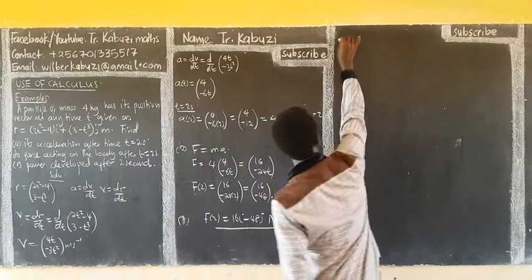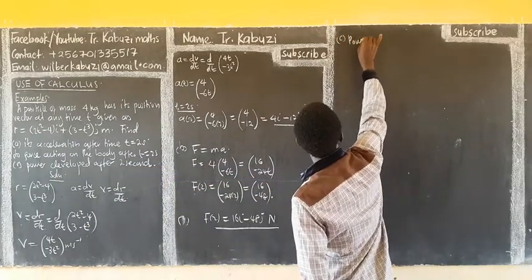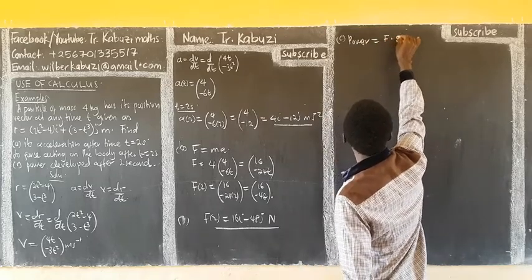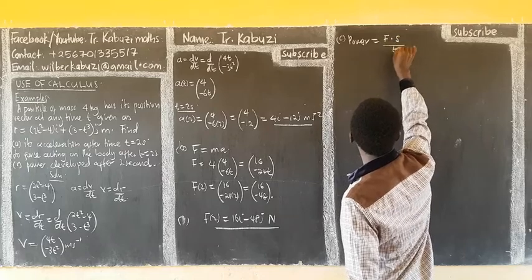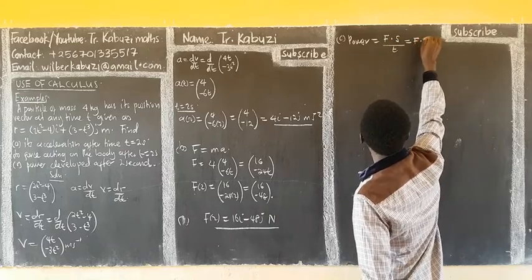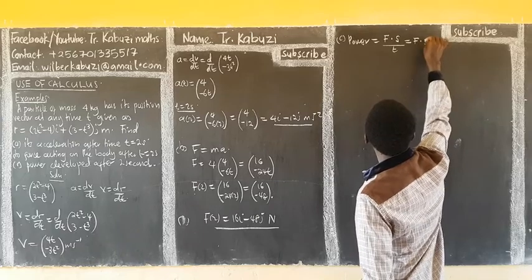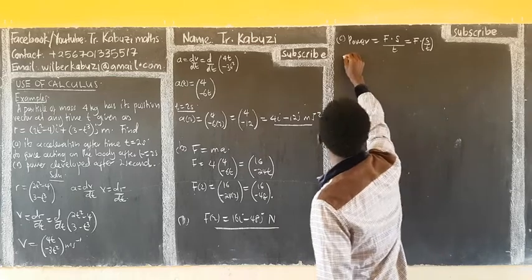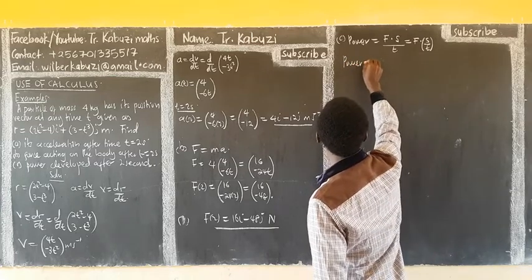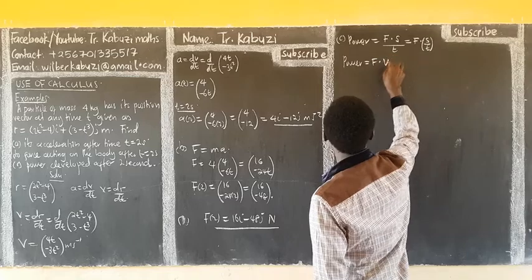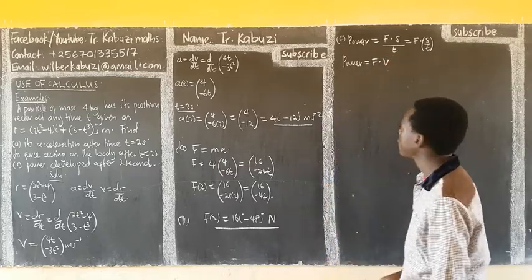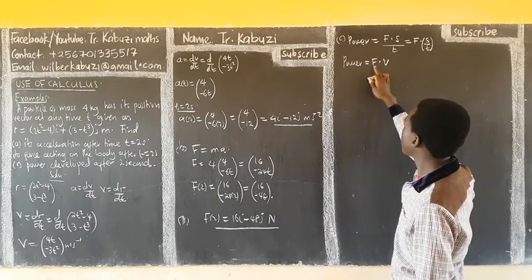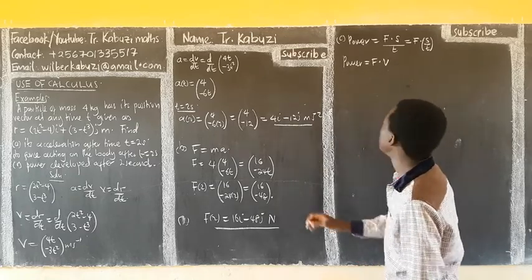When it comes to part C, power is given by the force dot the distance over t, which is the same as F dot s over t, and displacement over time is our velocity. So our power will be the force dot v. So we need v after time t, and the force after time t.